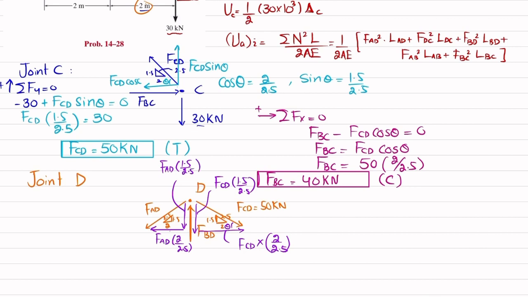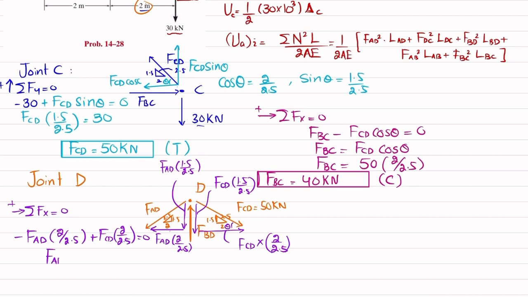Okay, now you can apply the equations of equilibrium. The first equation is that the sum of all forces along the x direction must be equal to 0, and force in this direction is taken as positive. You can see two forces acting horizontally. So minus FAD into 2 over 2.5 plus FCD into 2 over 2.5 is equal to 0.